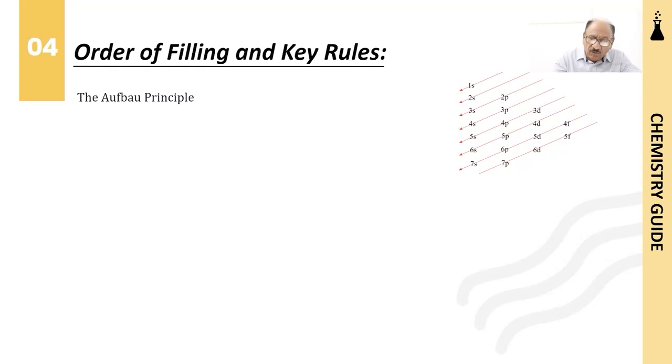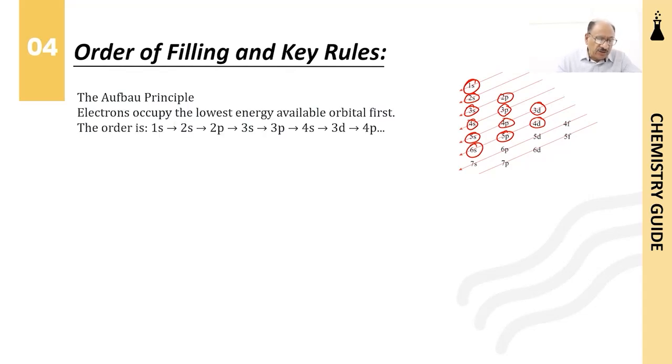First we fill 1s, then 2s and 2p, then 3s, then 3p, then 4s and 3d, then 4p and 5s, then 4d, 5p. This is the flow of filling, you can say the sequence of filling.